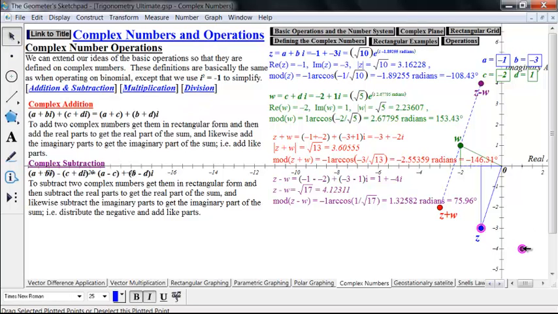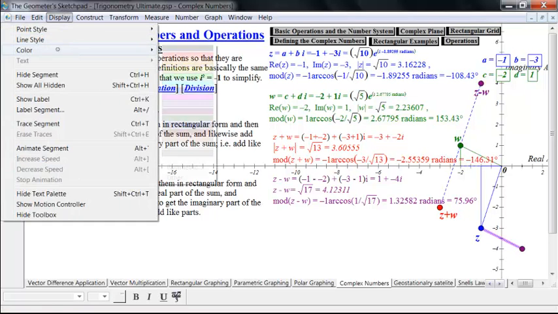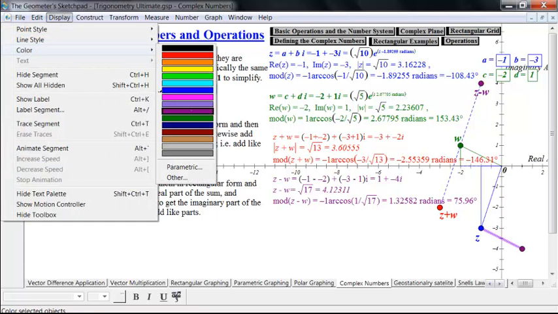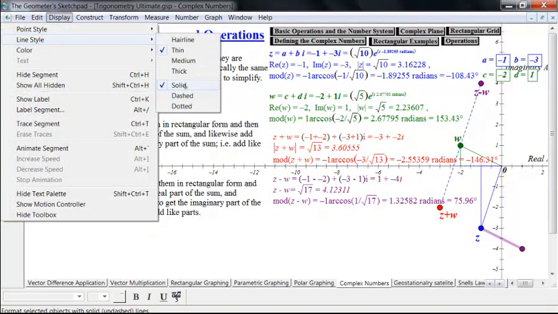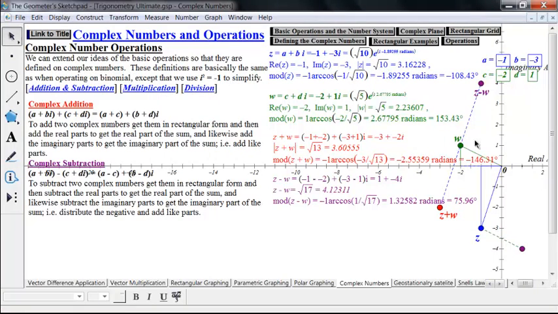So this vector here is the green vector, which is the opposite of w. So going from w back to the origin, that's the same as going to z first, and then from there going that far over here.